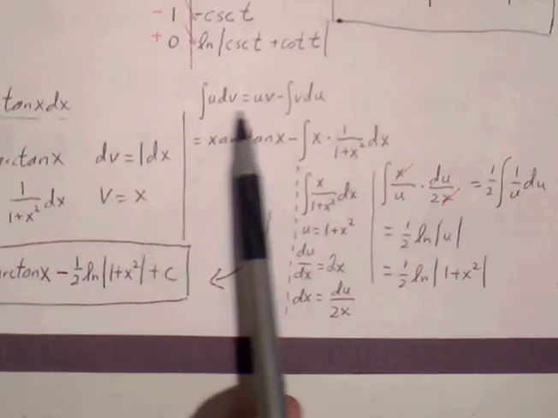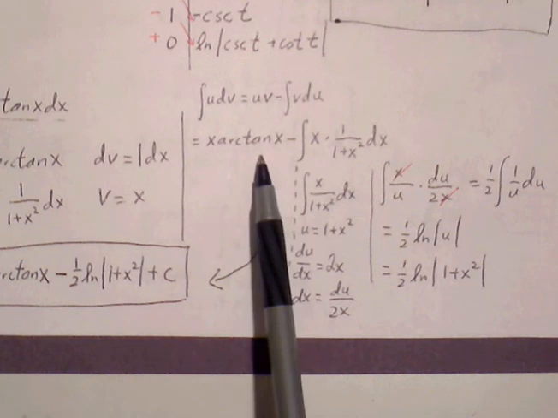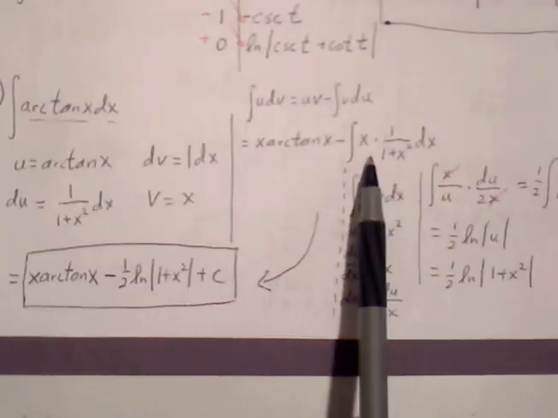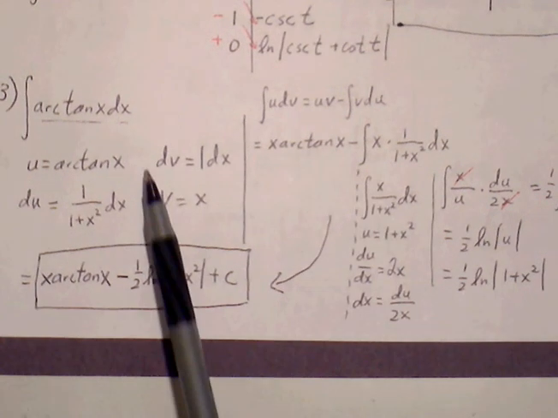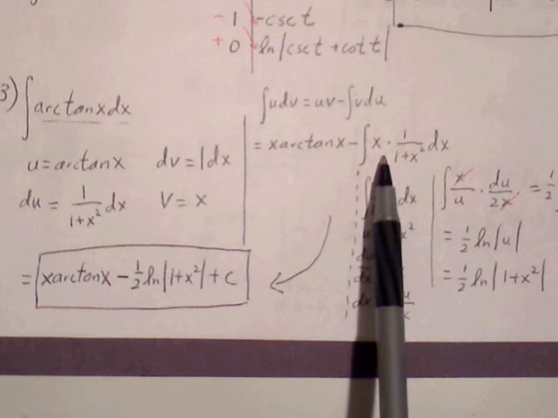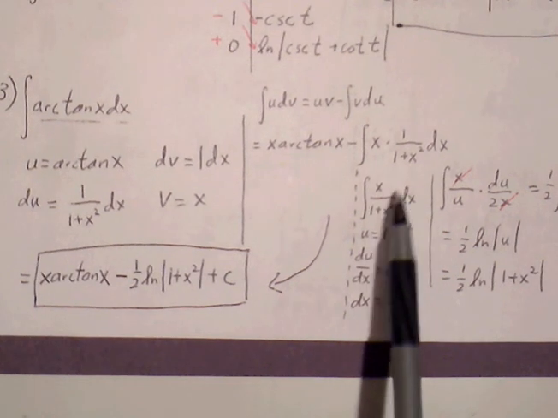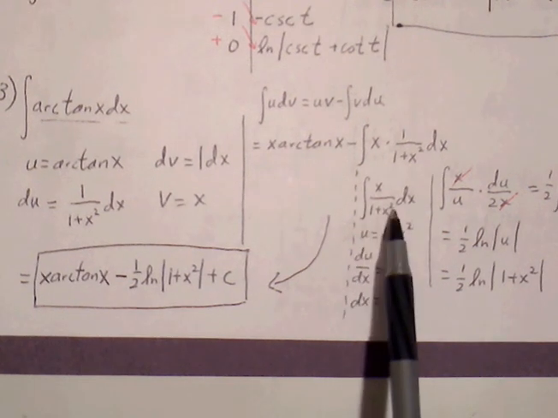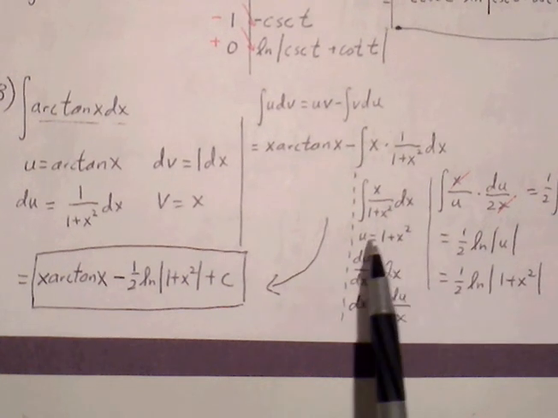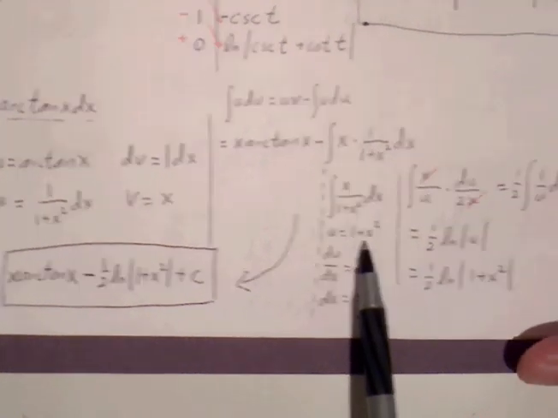So then we're left with x arctangent of x, that's u times v, minus the integral of v times du. So x times 1 over 1 plus x squared. And then x times 1 over 1 plus x squared, if we put that as one fraction, we actually can go through u substitution to solve this. Okay, we let the u value be the denominator, the 1 plus x squared.